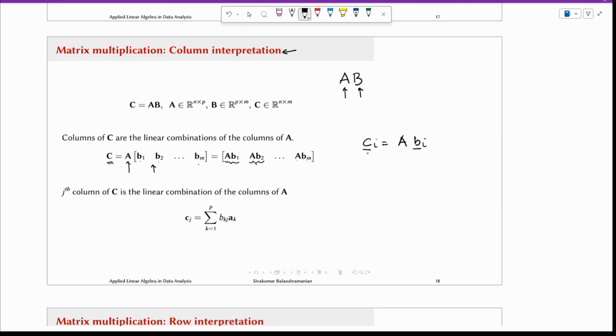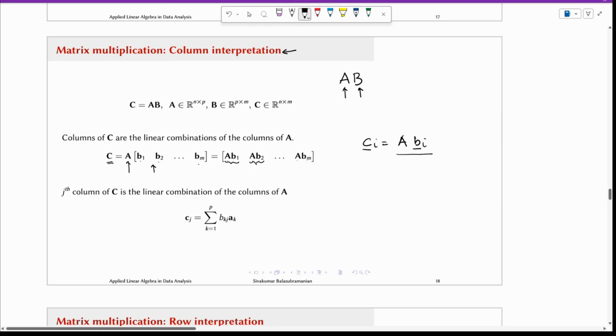Okay. That means the ith column of C is obtained by post multiplying A by the ith column of B. Okay. And what are we doing when we post multiply a matrix by a column vector? When we post multiply a matrix by a column vector, we are taking the linear combination of the columns of A, and the mixture for the linear combination is given by the column vector.